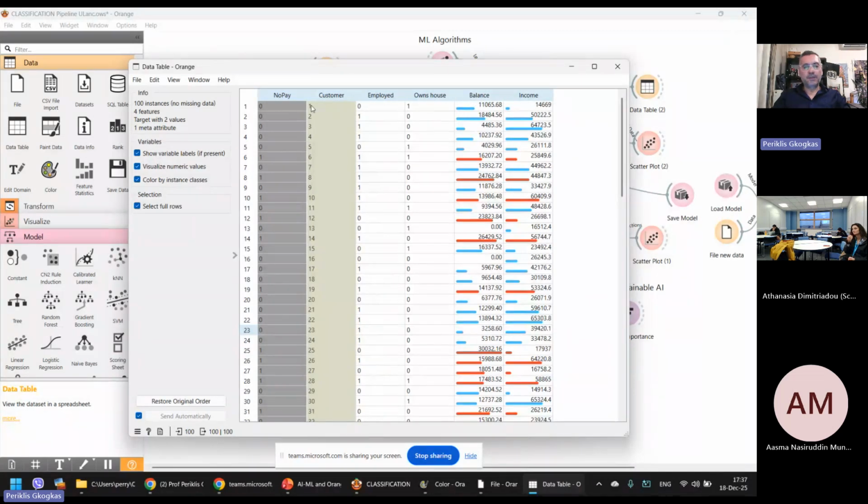And you also get a visualization here of the balance, the numerical independent variables, balance and income. So this exact person has a balance of 11,000 euros and an income of 40,000 euros per year. You get the colored bars. The color blue means here that this person is a good customer, unlike this person here, which is marked as red, so this person is a bad customer.